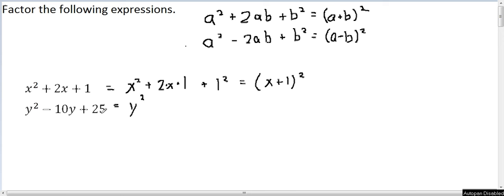We don't have a squared here, but 25 can be rewritten as 5 squared. Now we see that because the squares match up here, if we replace b by 5 in the formula, we get this part to match up.